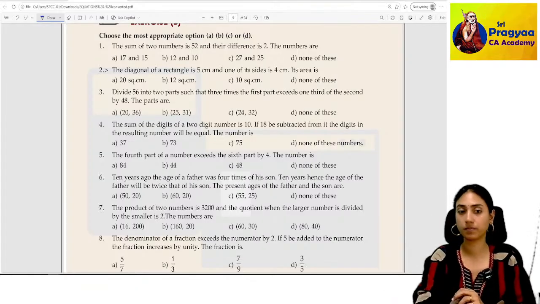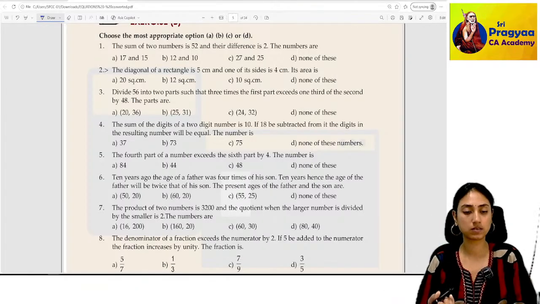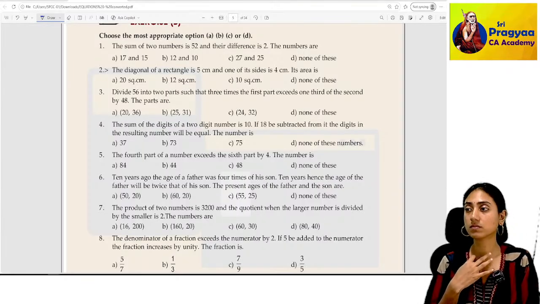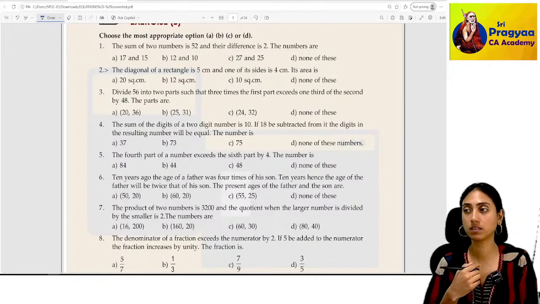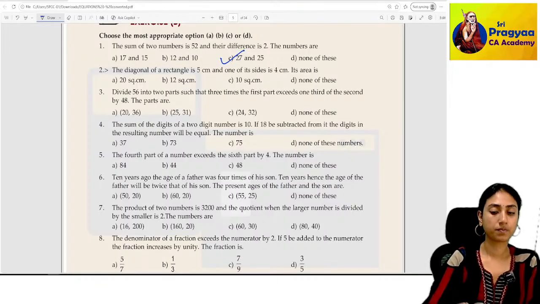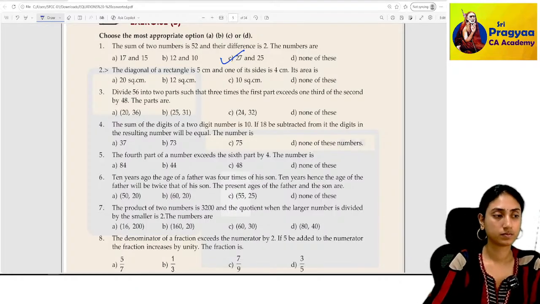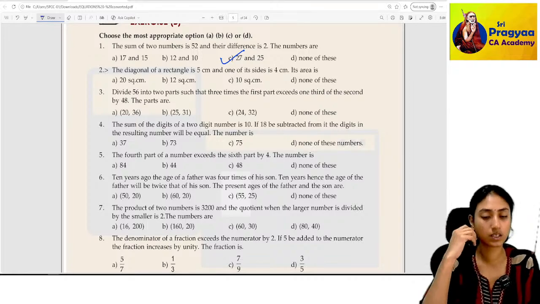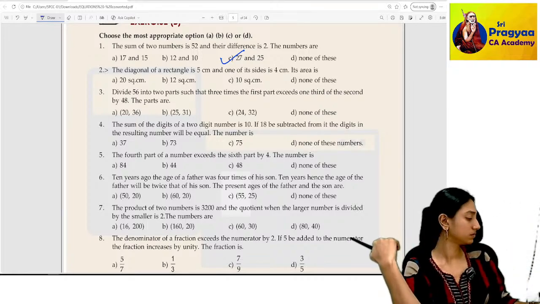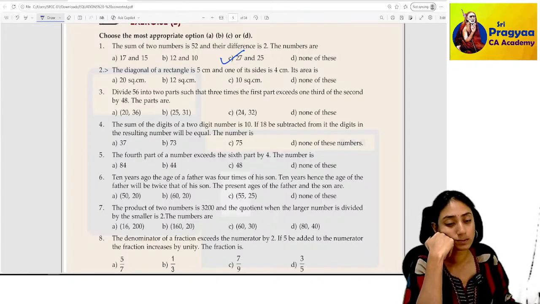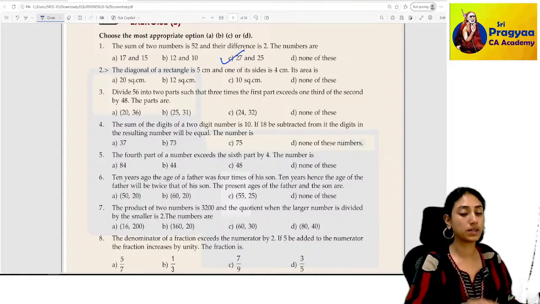First one's answer is 27. Second. Okay, second. Third. 12 square centimeter.